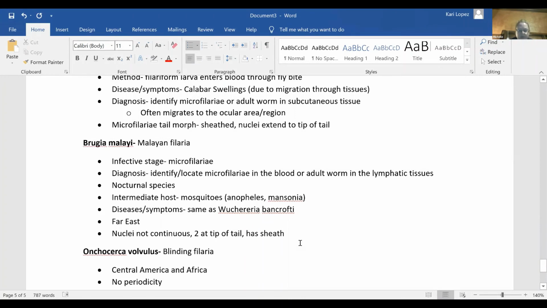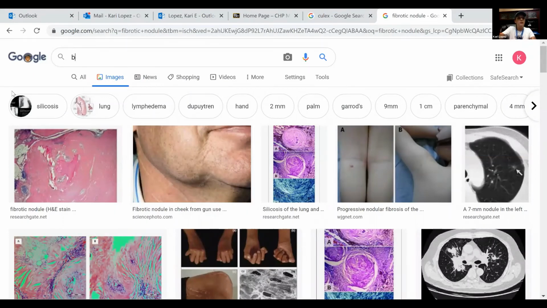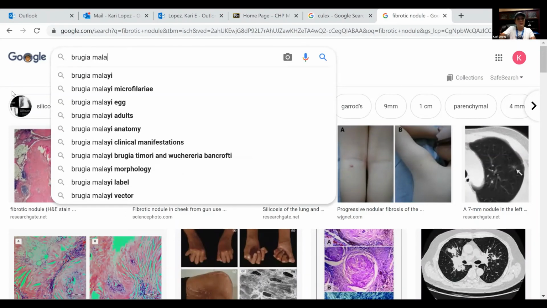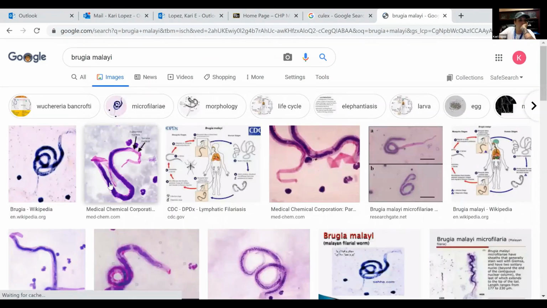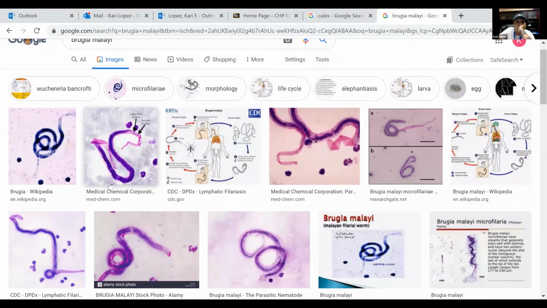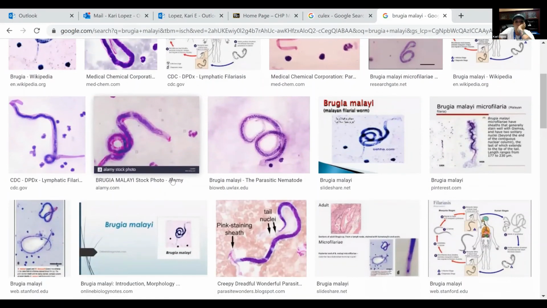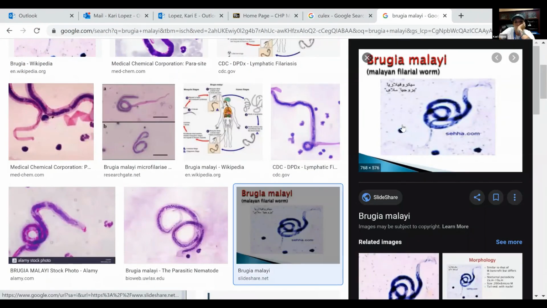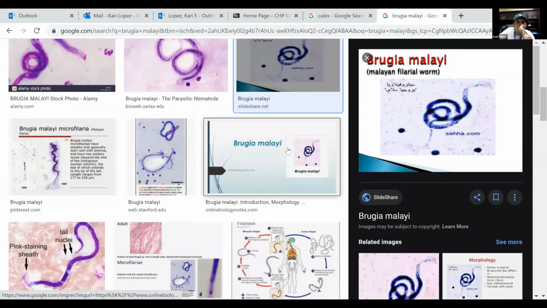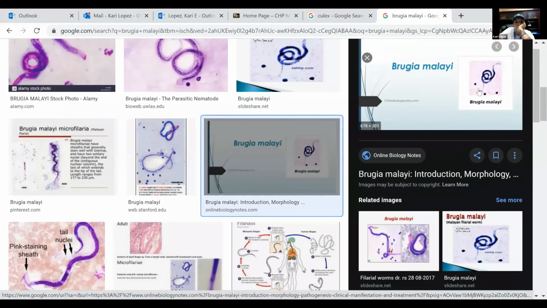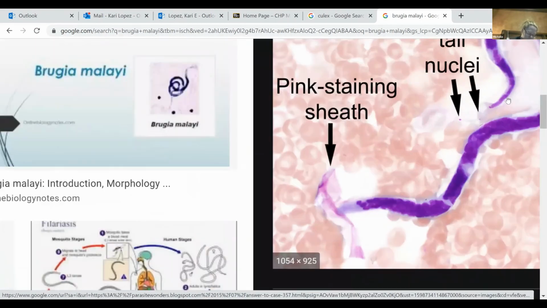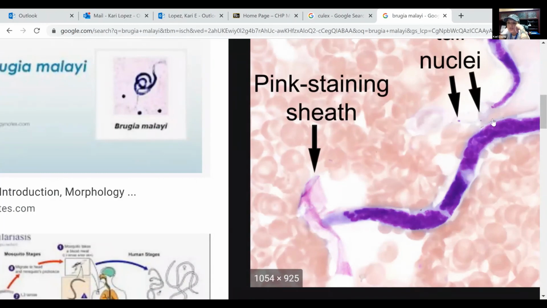Not continuous. Like, and then here at the tail, it's not over here. It's one here, one here. So farther along the tail.